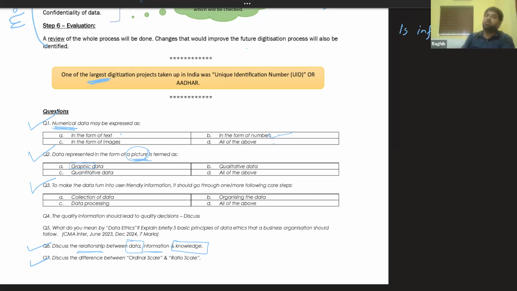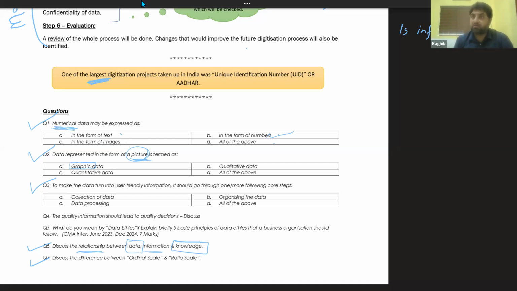There was a time almost 10 or 12 years before when everyone was asked by the government to go to the designated centers and give all the information about the users so that a centralized database and a centralized ID can be made. And that process was known as Aadhaar.